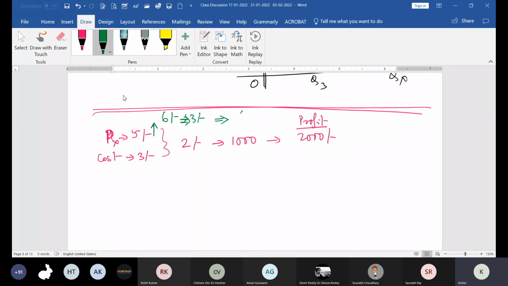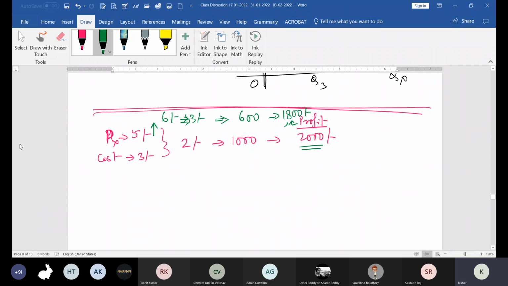Now you are in a position to sell only 600 units. So 600 into 3, 1800. So profit in this case is 1800 rupee. Earlier, profit was 2000. So profit in this case decreases.